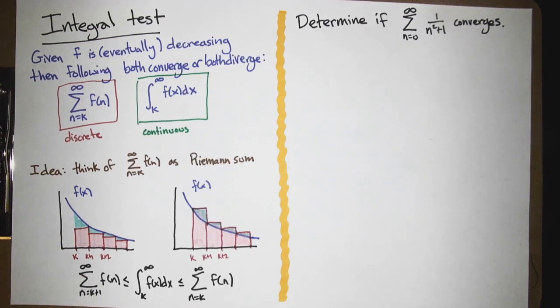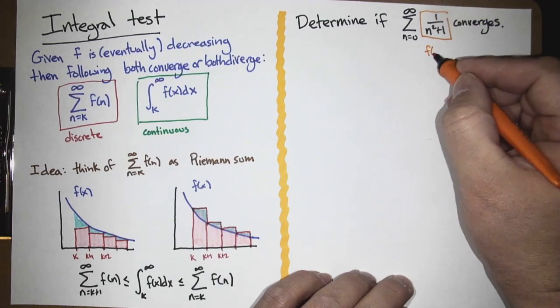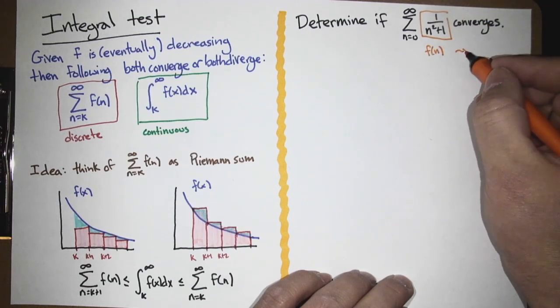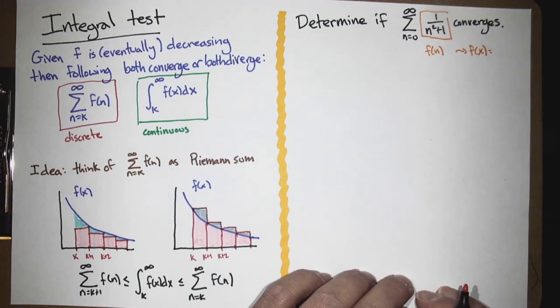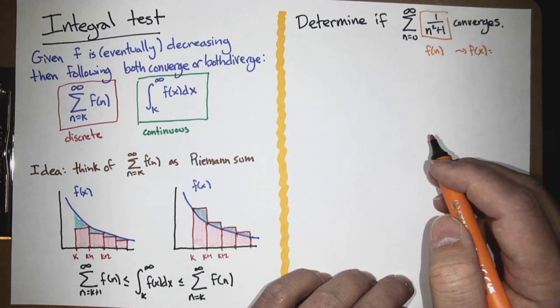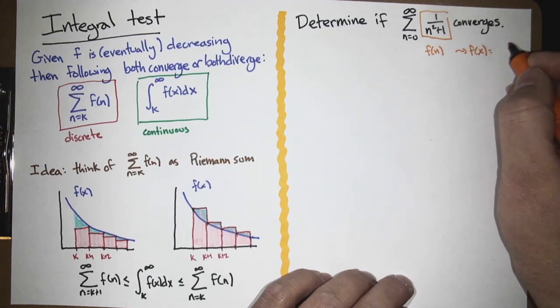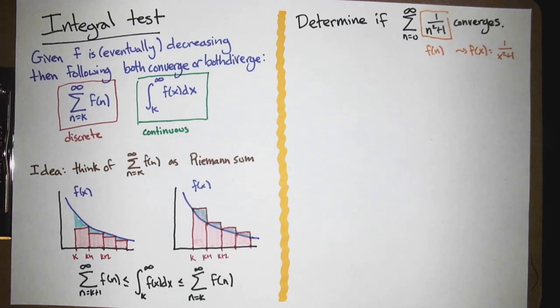Now, what are some clues? Well, we can think of this as f of n. So what would be our f of x? If f of n is 1 over n squared plus 1, f of x is 1 over x squared plus 1. We're just changing n for x.